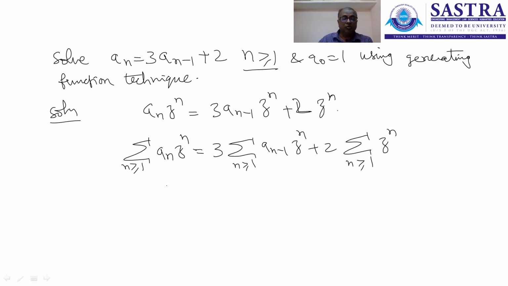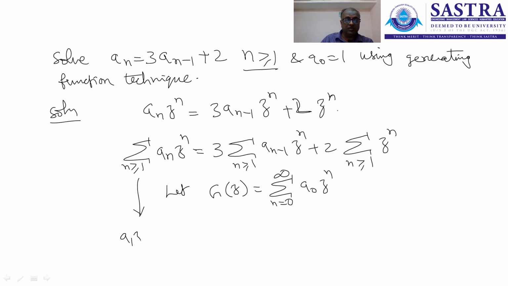Now I will take g of z as the summation of a_n z power n, with the index from 0 to infinity. When I expand this, I will have a1 z plus a2 z squared plus so on.